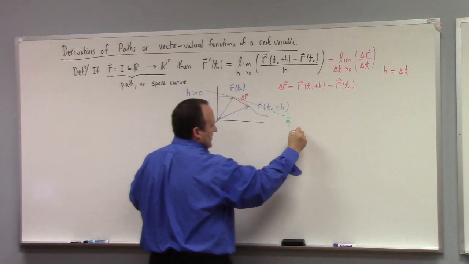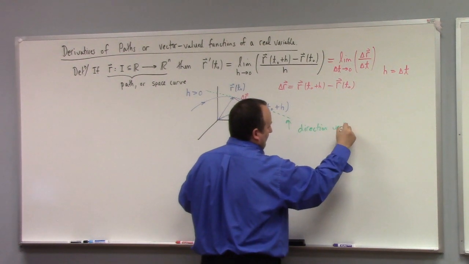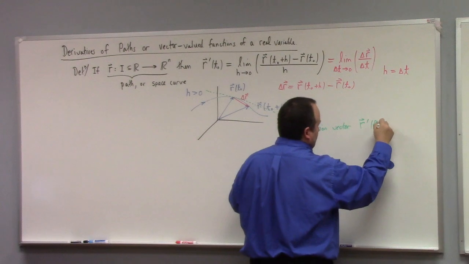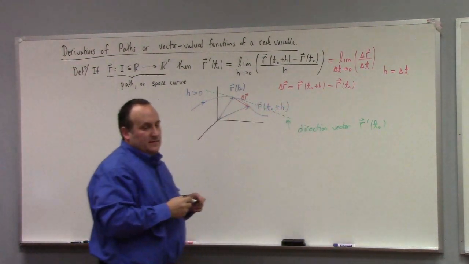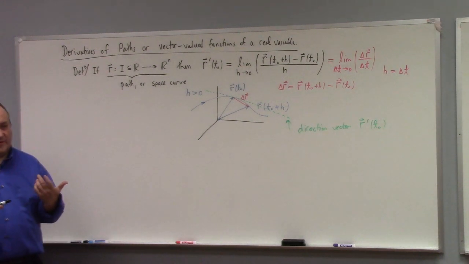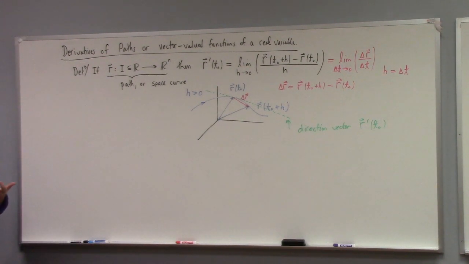And that should have direction vector r prime of t naught, supposing it exists. Does this limit have to exist? Certainly not, right? But if it does exist, then the path is said to be differentiable, and that's its derivative. The derivative is the direction vector to the tangent line to the space curve at the point if it exists.